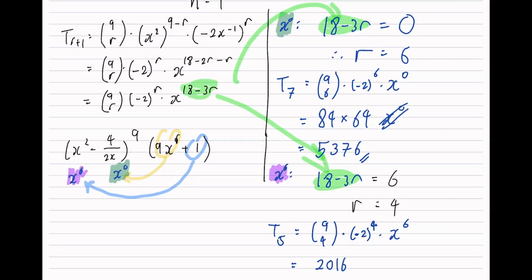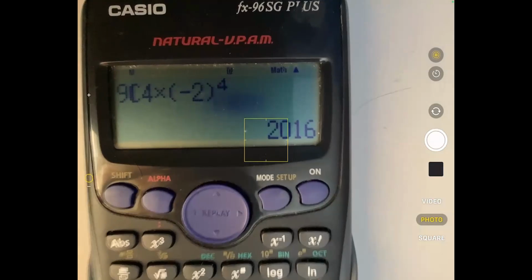Let me just show you. Let me find my camera first. Yeah, where's my camera? Oh yeah, 2016. Oh, yes, 2016. Let me just change screen.